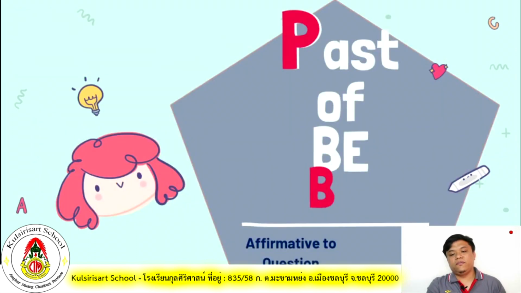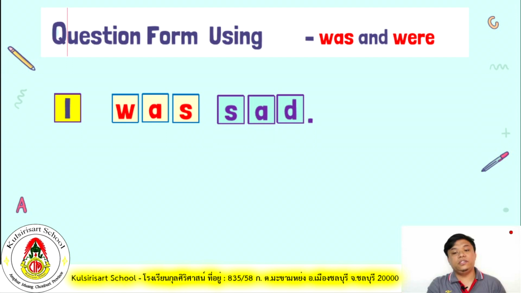For past of be in affirmative questions, let's make a question form. Affirmative: I was sad. To make it a question form, we use the verb to be first, and then the pronoun or the subject, and then the other parts of the statement.